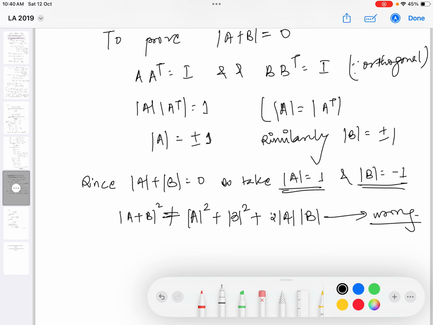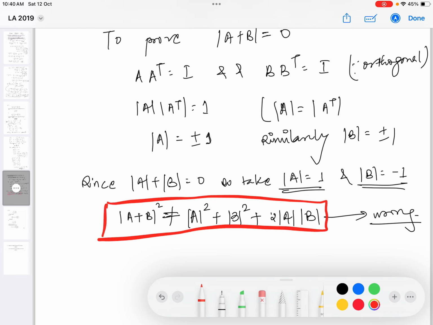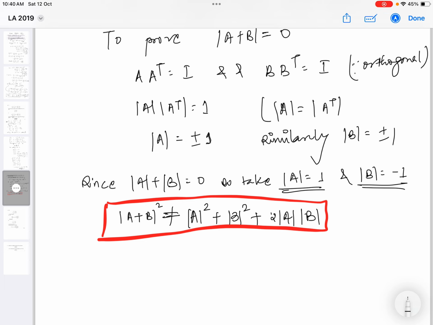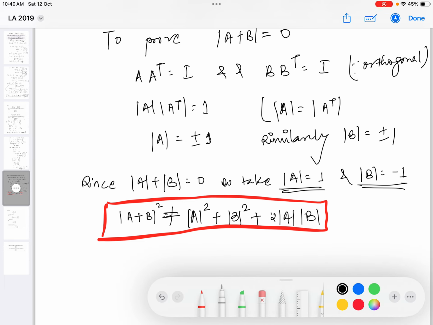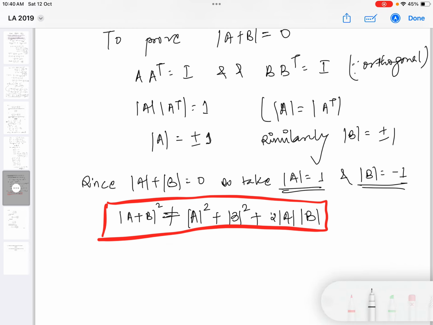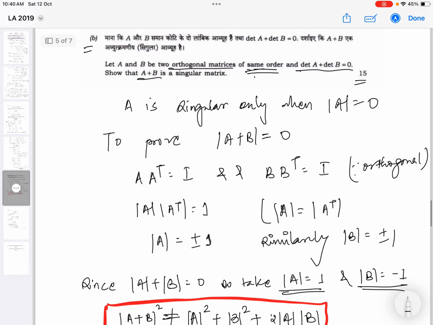Many times we tend to think along this line, and we often go wrong while taking the identity as it is. So what we have to prove is that A plus B is a singular matrix.